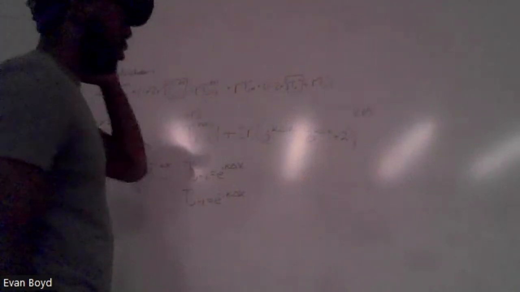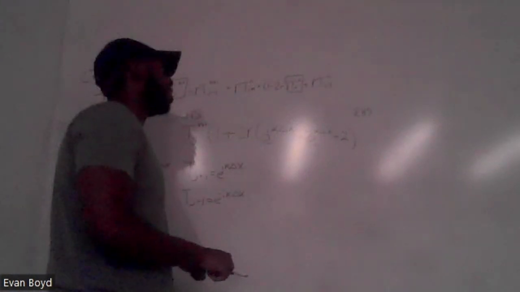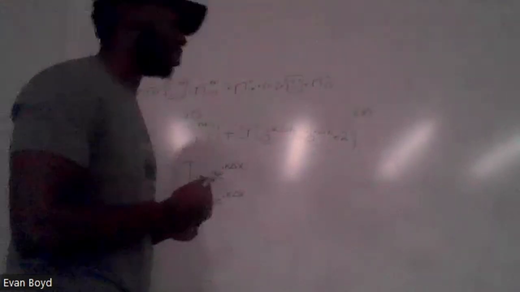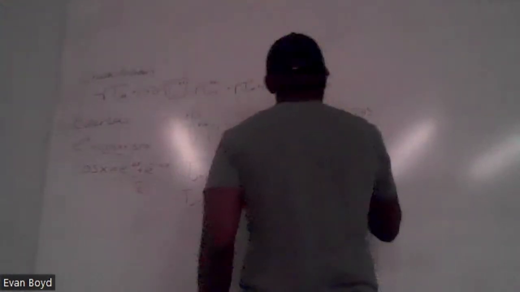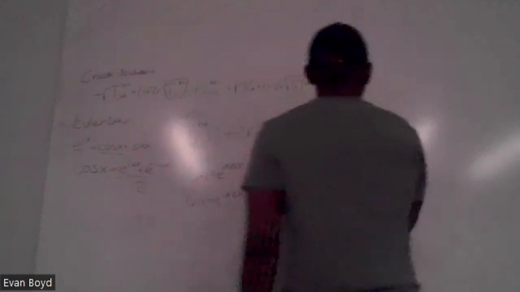Like I said, the left-hand side is the temperature at position j of n plus 1, times brackets 1 plus R of e to the i k delta x plus e to the negative i k delta x minus 2. So then the right-hand side: again, we're trying to factor out the temperature at position j of n.